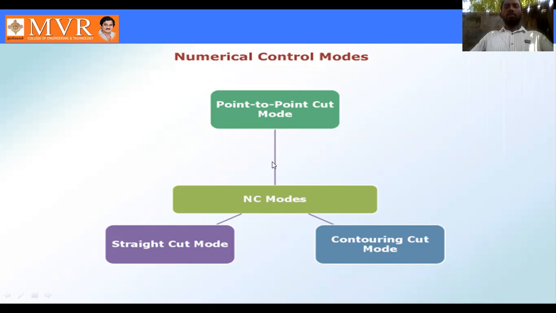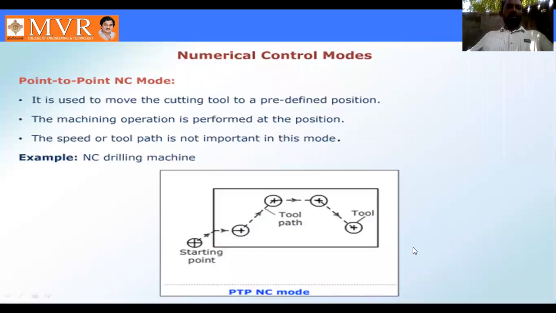Based on the cutting tool motion, we have three types of NC mode: point to point cut mode, straight cut mode, and contouring cut mode. The first one is the point to point cut mode. It is used to move the cutting tool to a predefined position, so we can arrange the tool in a predefined position.